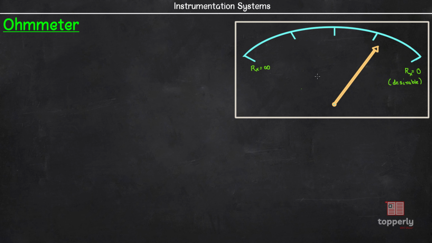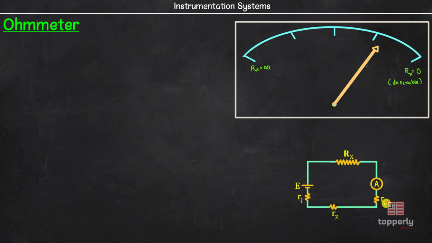Okay, now we need to calibrate other points in the scale. Let's start with the center point. So we need to find for what value of unknown resistance Rx the pointer points to the center of the scale. For this, let's redraw the connection diagram, but now with more details. Remember that all practical batteries have some internal resistance Ri.